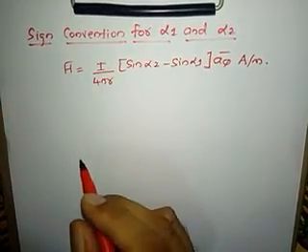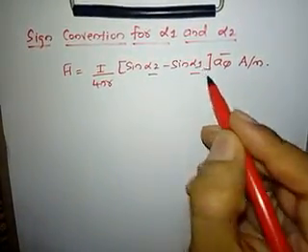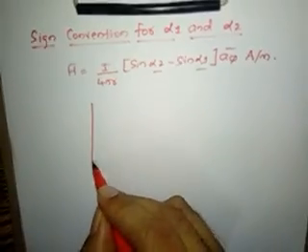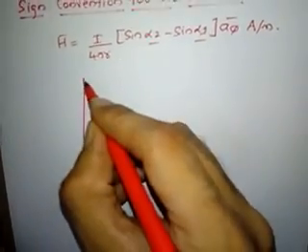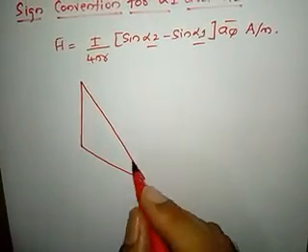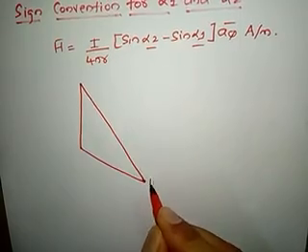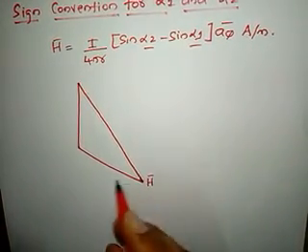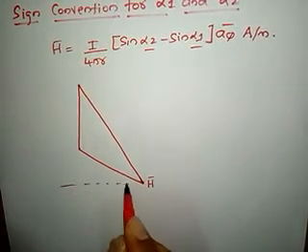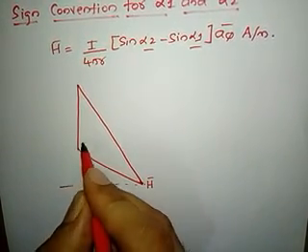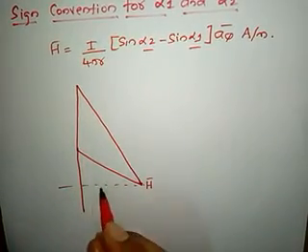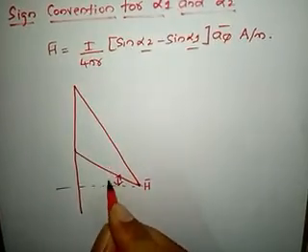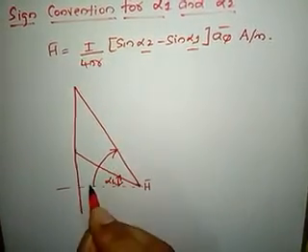To understand the sign convention for alpha 2 and alpha 1, if this is the conductor, and the point at which we are finding the magnetic field intensity is at this point as I am showing here, then this is alpha 1 and this is alpha 2.